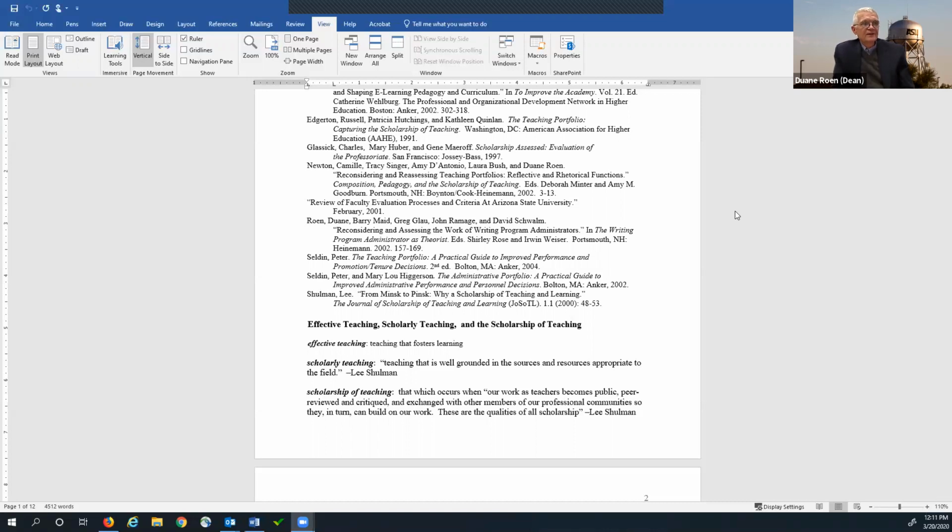And then scholarly teaching. Lee Shulman, by the way, used to be president of the Carnegie Foundation for the Advancement of Teaching. He makes the case there that scholarly teaching is teaching that's well-grounded in whatever resources are available in the field. It doesn't mean that you have a PhD in teaching or learning or curriculum and instruction.